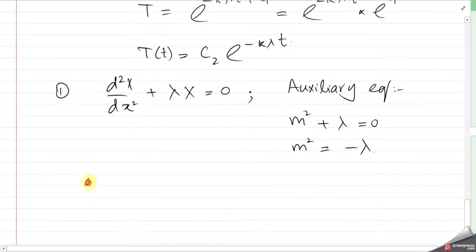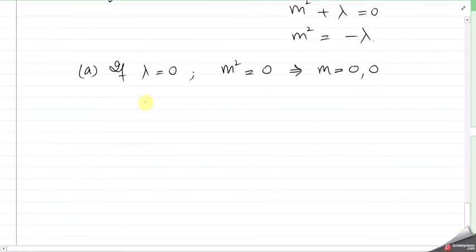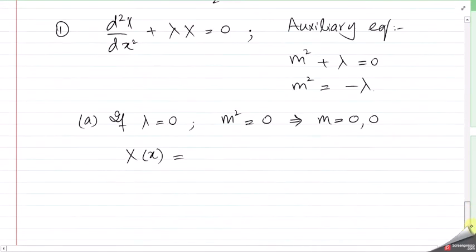The first case, I'll call it A. If lambda is 0, then m square equals 0, and this implies m equals 0, 0. Never forget to write both roots separately. In this case, X of x will be, let's not repeat the constants, we have already used c1 and c2, so I'll use c3 plus c4 x.